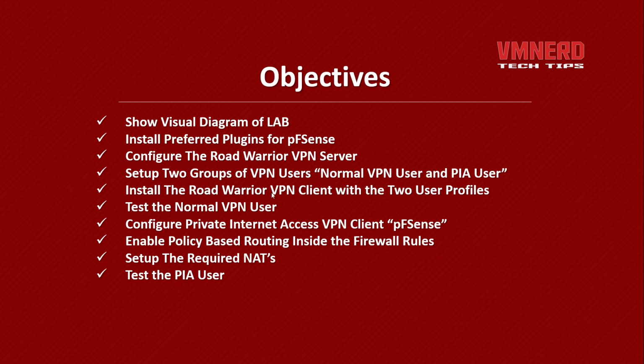We installed the Road Warrior VPN client with the 2 user profiles. We tested the normal VPN user. We configured the private internet access VPN client within pfSense. We enabled policy-based routing. We set up the required network address translations, or NATs. And we tested the PIA user and the normal VPN user just to ensure that the configuration was working as designed.